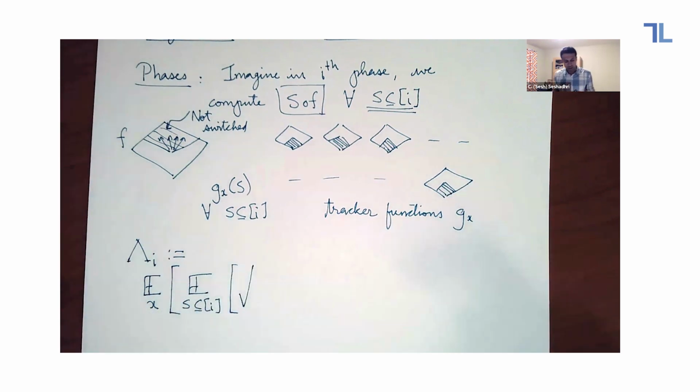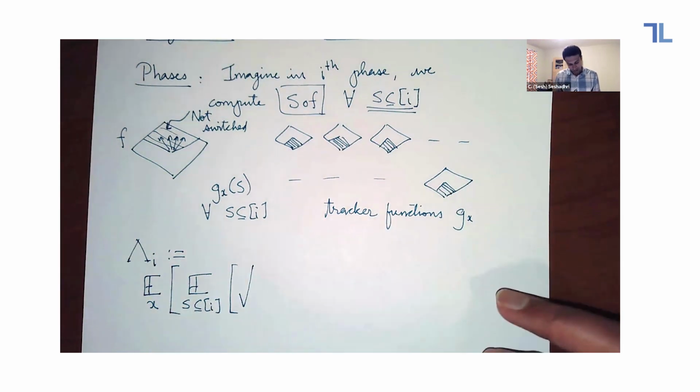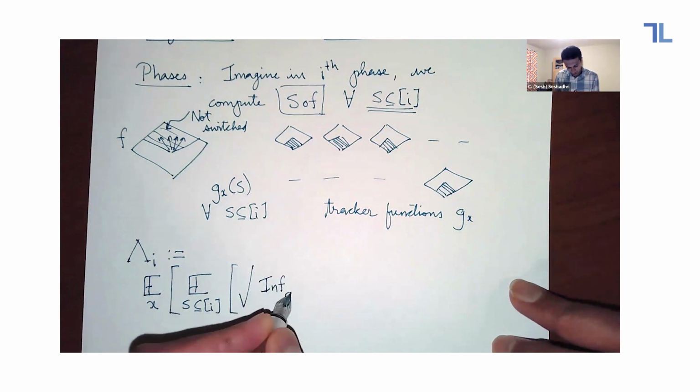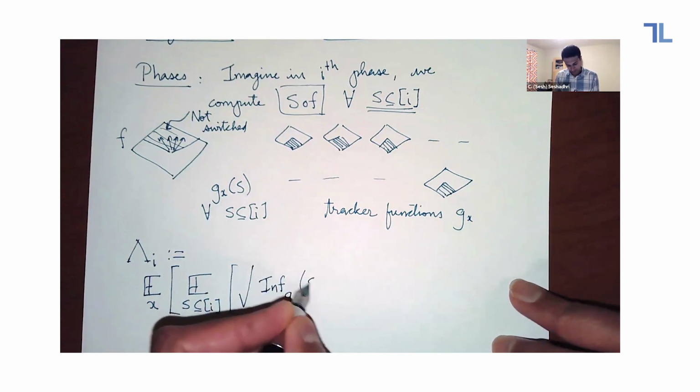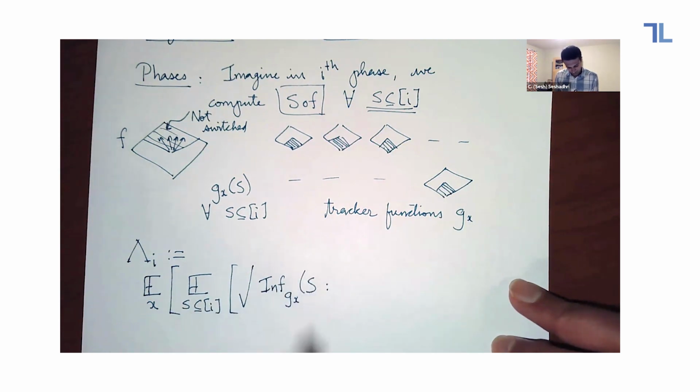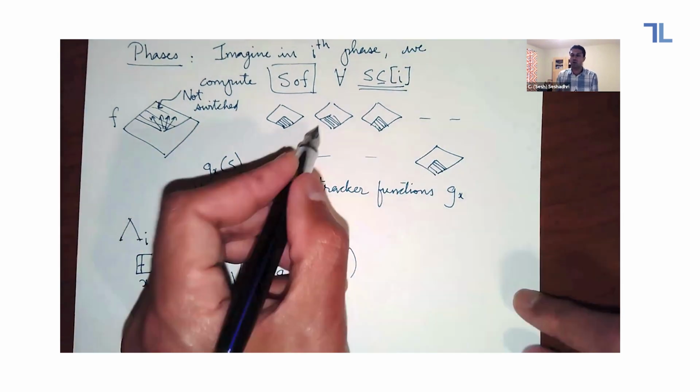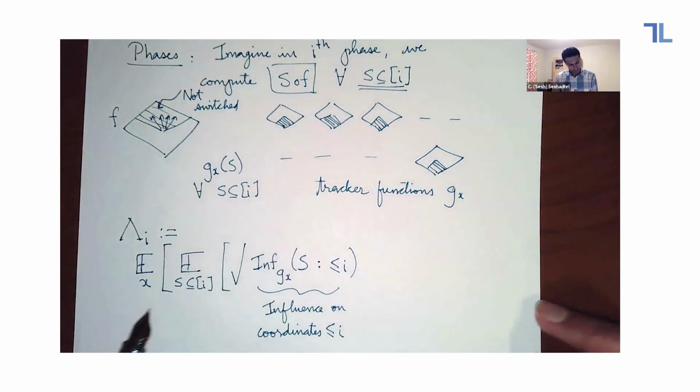Now I'm going to compute the influence in this hybrid sense. I'm going to write the influence of gx of s colon at most I. What this means is that instead of looking at the total influence, I'm only looking at the influence in the coordinates that I've already processed at this stage.